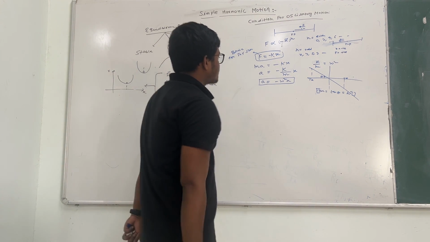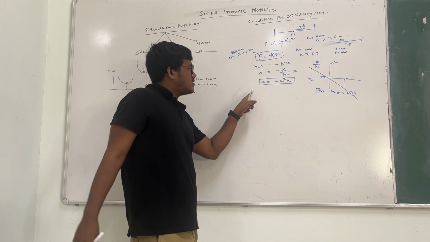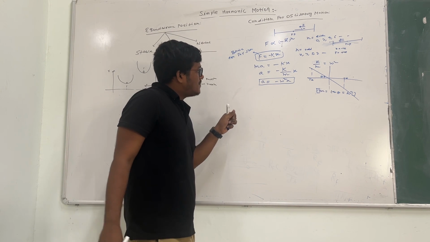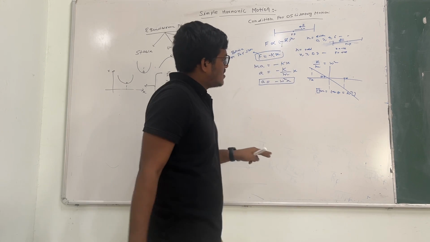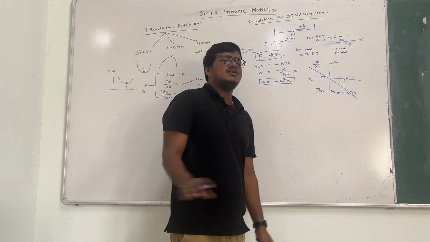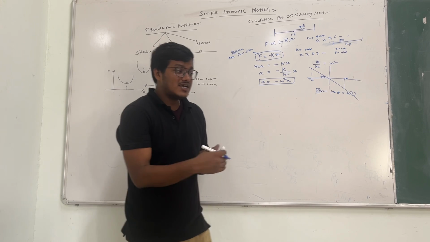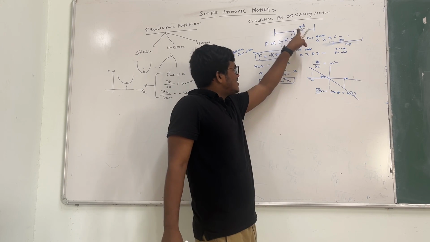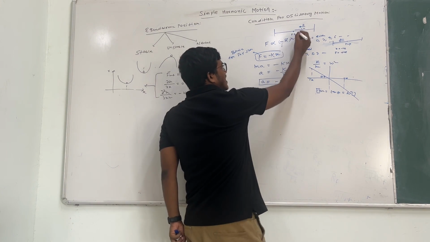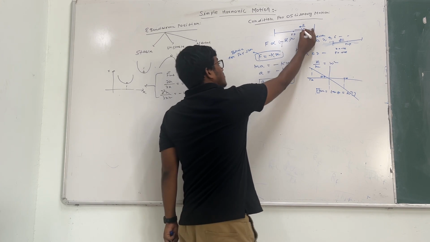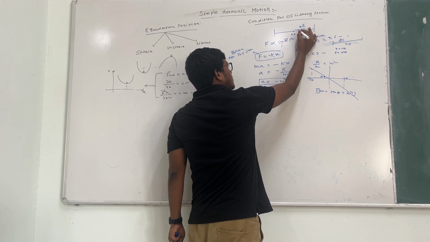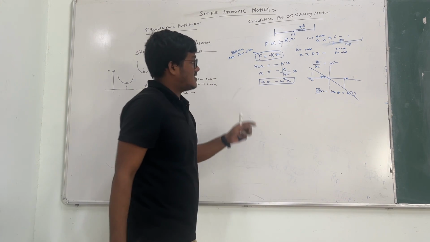Now our aim is to develop the equations for oscillating motion. Everything is repeating after an interval. Suppose at some time the particle is here, and after some time the particle is going in this direction, and after some time it is going in this direction.